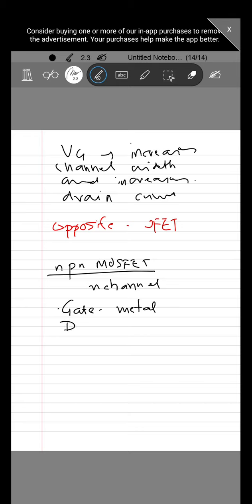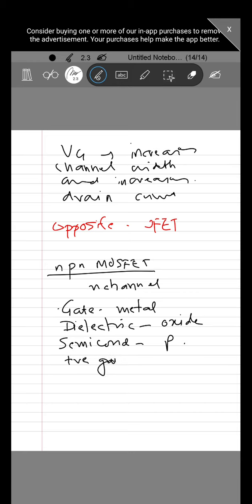We have a dielectric, which is SiO2, an oxide. We have a semiconductor, which is p-type, and we have a positive gate voltage.